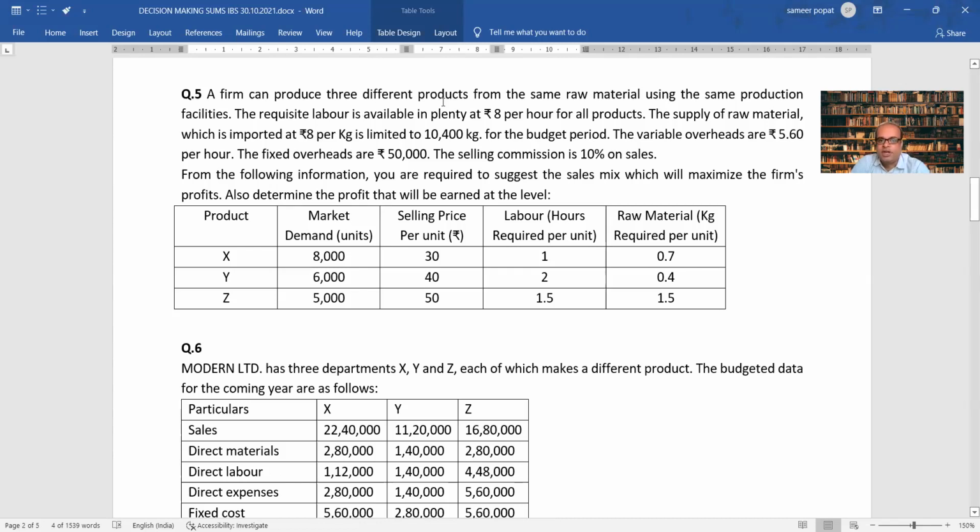A firm can produce 3 different products from the same raw material using the same production facility. The requisite labor hour is available in plenty at ₹8 per hour for all products.